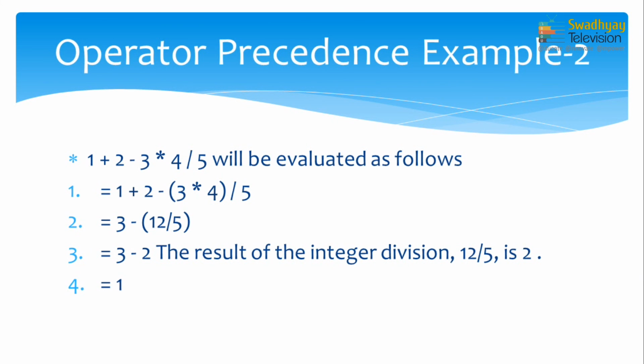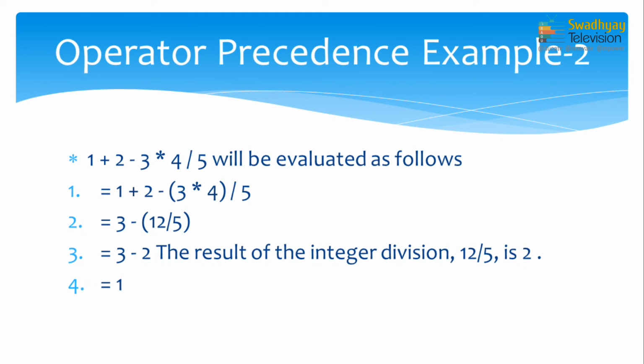So, 12 / 5 is performed second, and 12 / 5 will result in 2, because when we divide one integer by an integer, the result is always an integer. So, we have 2, and then 1 + 2 is 3, minus this 2, which ultimately results in 1. So, our answer will be 1.